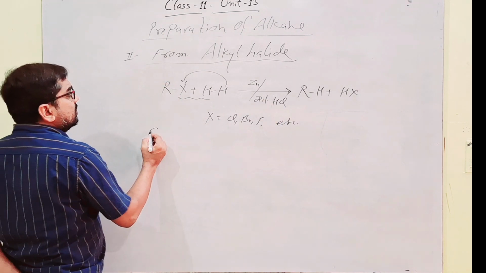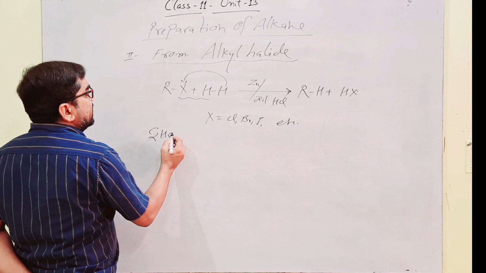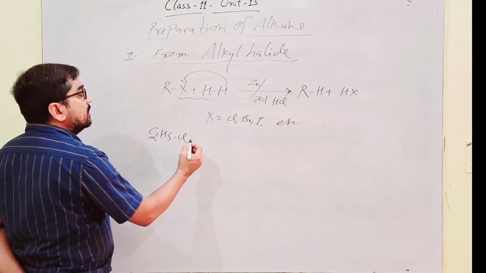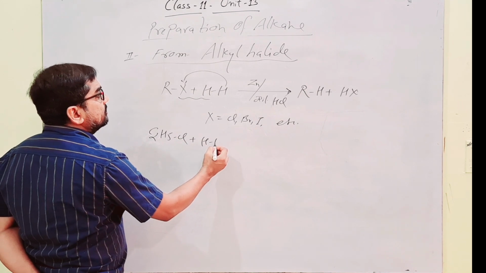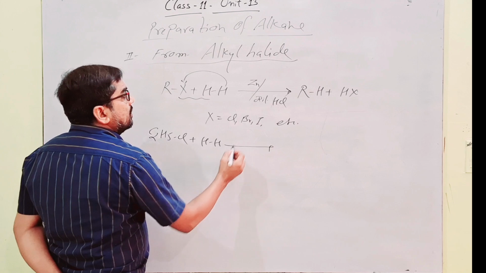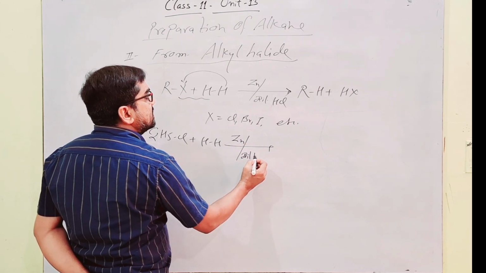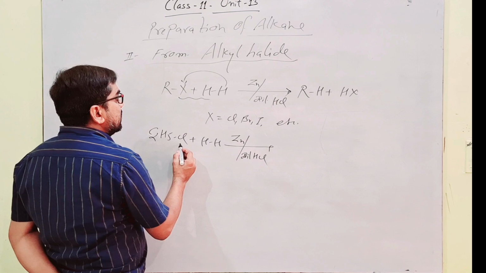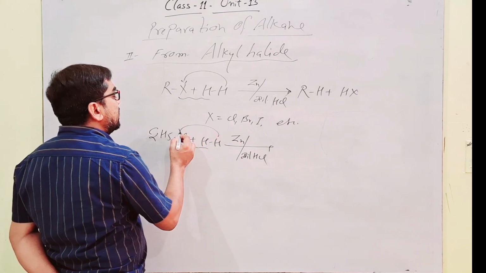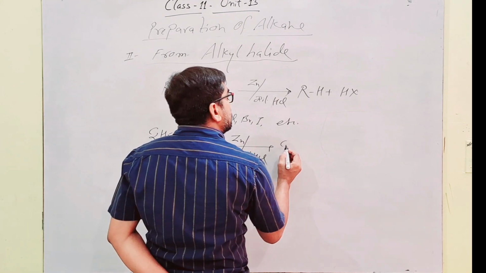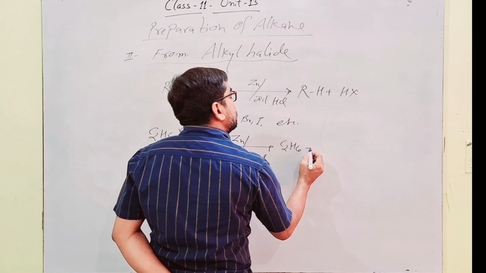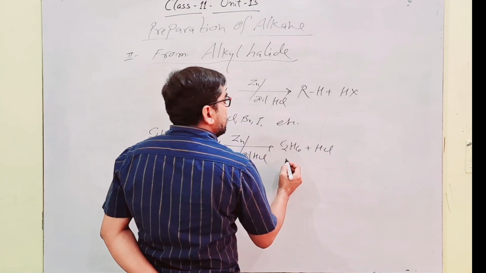A real example, C2H5Cl is reduced here. Now zinc with dilute HCl. Here elimination of HCl and hydrogen gets attached here, C2H6 plus HCl.